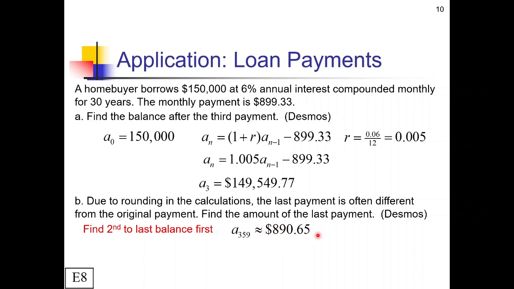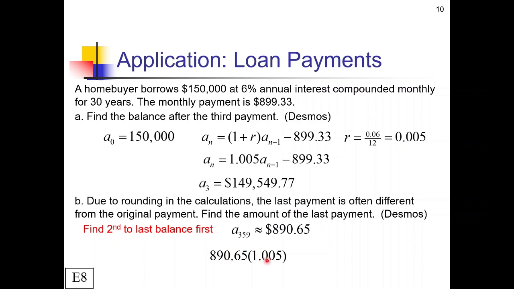So that is approximately what our second to last balance is. So in order to get the last payment, using our recursive rule, we have to multiply this by 1.005 and then subtract that 899.33. So let's go ahead and do that. And actually, we're not going to subtract the 899.33 because that would be our normal monthly payment, but this is the last month.